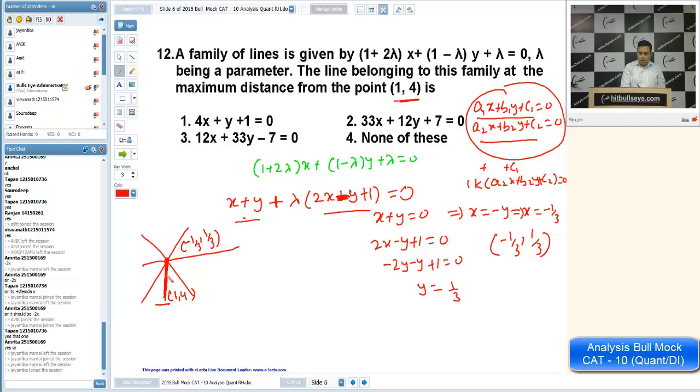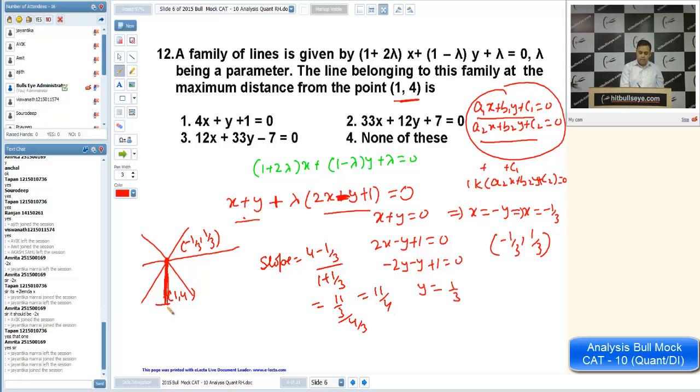So slope of this line will be equal to y2 minus y1, 4 minus 1 by 3 upon x2 minus x1, 1 plus 1 by 3. So it will become 11 by 3 upon 4 by 3, or it is equal to 11 by 4.